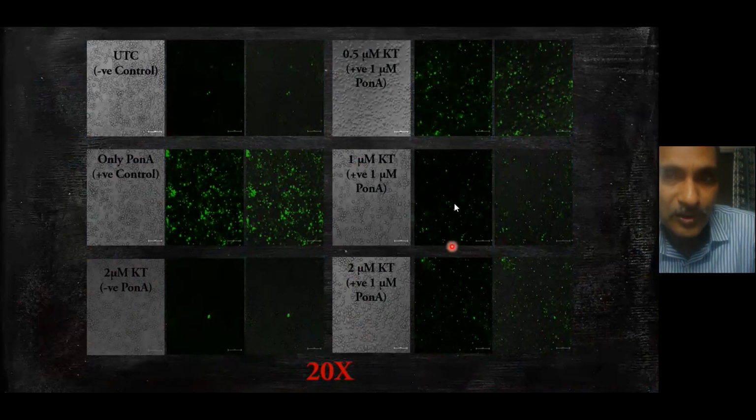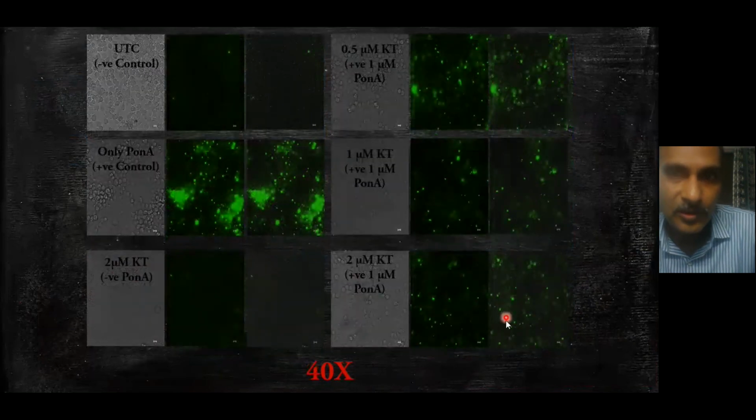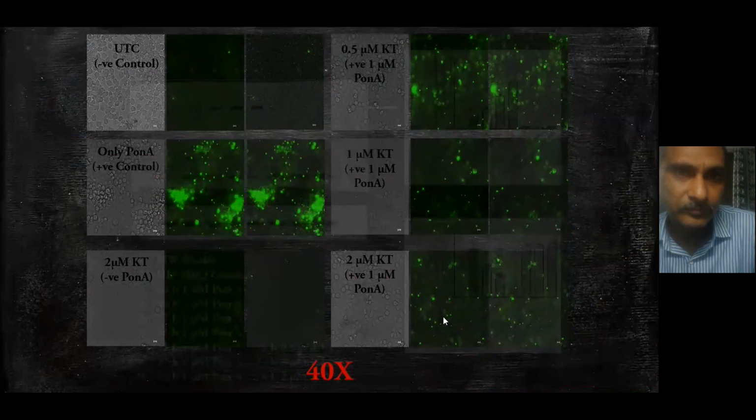Mostly soluble Huntingtin is expressed, and the aggregates are not formed. Again here, compared to the control, the aggregates are there, but upon KT treatment at 1 and 2 micromolar there is a significant reduction in aggregate formation.